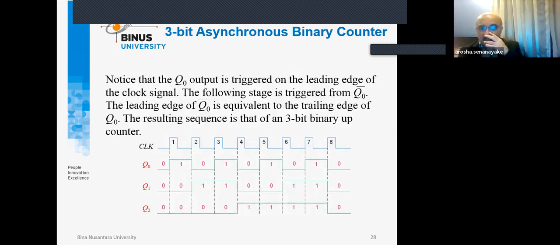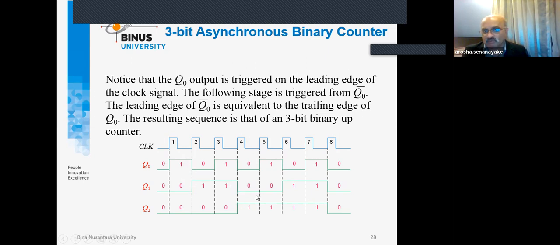So in that form, the same waveform I explained now, bringing it back here. Taking into consideration how Q0 bar is activated to operate the second circuit, you can see that initially Q0 is 1, and then 0 means this is activated.